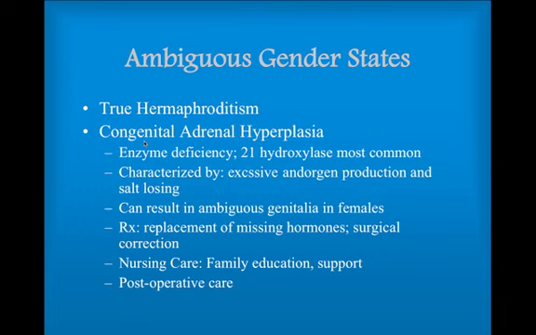Now, both males and females can have congenital adrenal hyperplasia. But if you remember the way the external genitalia develop, fetuses early in fetal life have the same genitalia, which basically looks female, and then as a result of testosterone produced by the testicles in the male fetuses, they develop male genitalia.